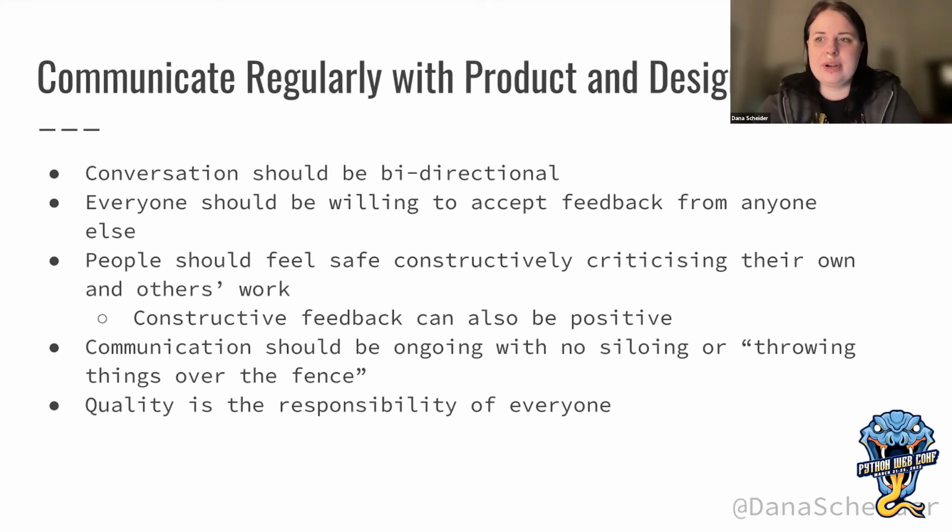This is really important, that it continue to be a collaborative effort at each stage of the process, and that people working on each function remain accessible to one another to critique work, to bounce ideas off, to just make sure that everything is going as smoothly as possible, and that there are multiple people with visibility into the process who can provide feedback. And yeah, quality is the responsibility of everyone.